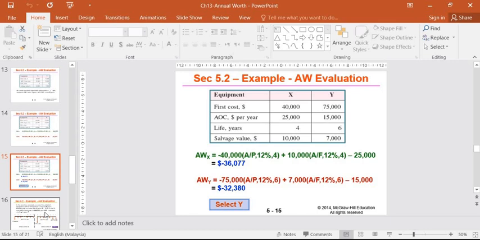So in this case, Y is greater than X, so we select project Y.